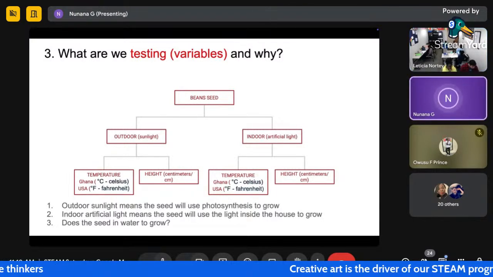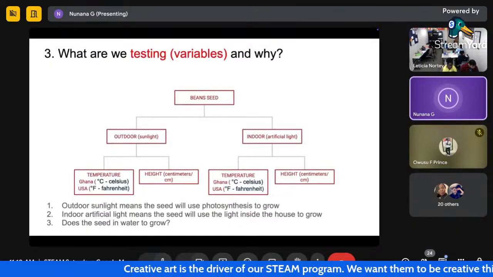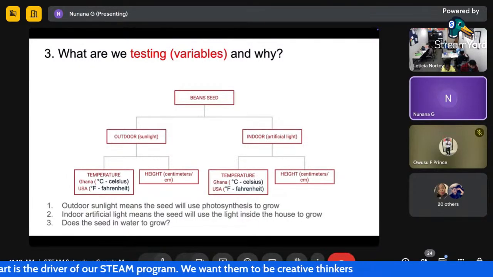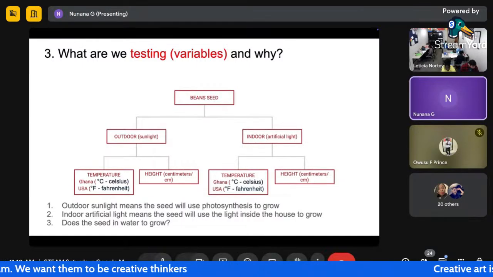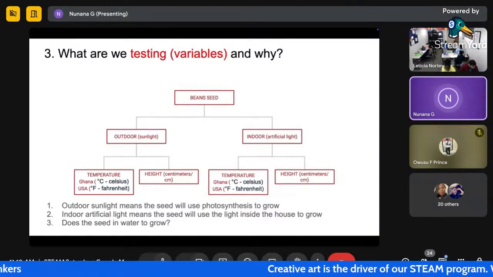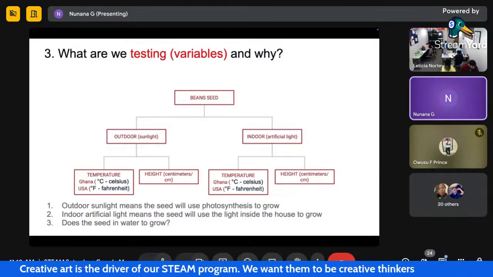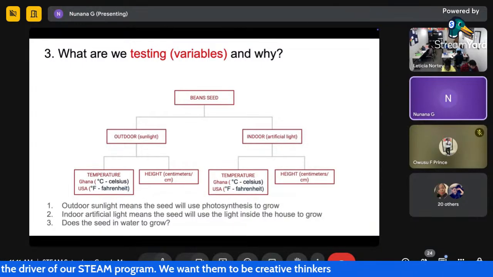So they're going to take a small cup. They're going to put soil inside the cup. They're going to put seeds inside the cup. They're going to water it and place it outside. They're going to take another cup, put soil inside it, put seed inside it, put water inside it, and leave it inside the house. Does that make sense?